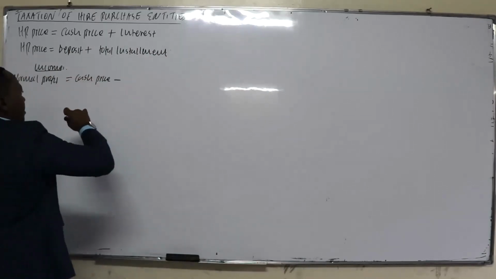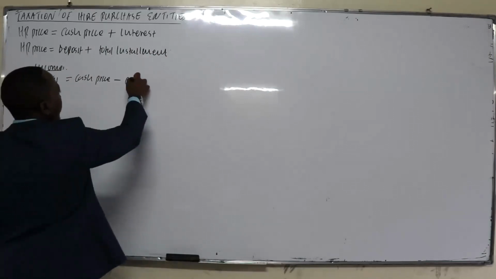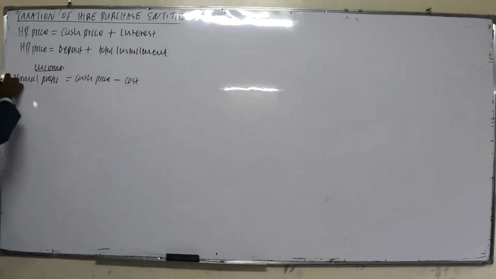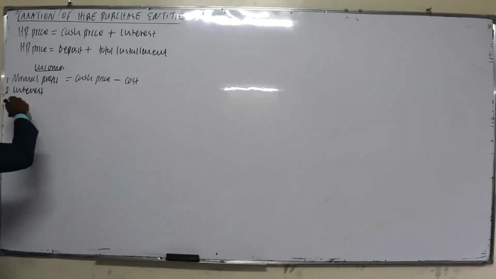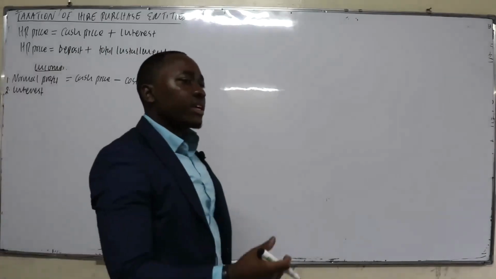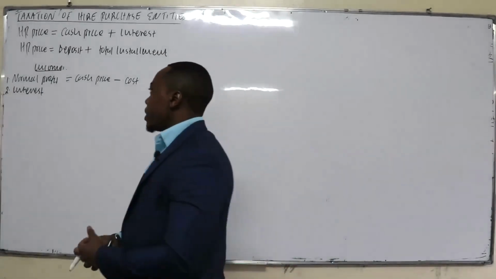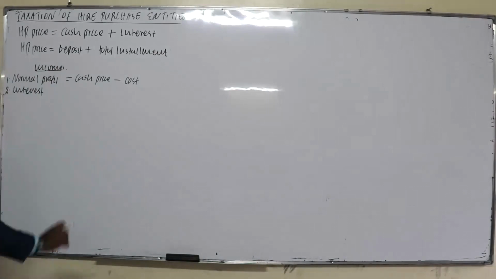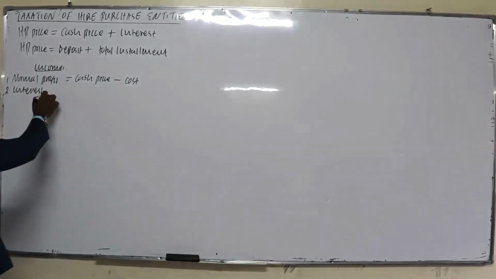You minus the cost. That's how you get the normal profit. Also, the other profit is the interest. Remember, when you sell on credit, you attract interest. Now that interest to the seller becomes an income. So you have two incomes. One is the normal profit or the normal gross profit, and then the interest.